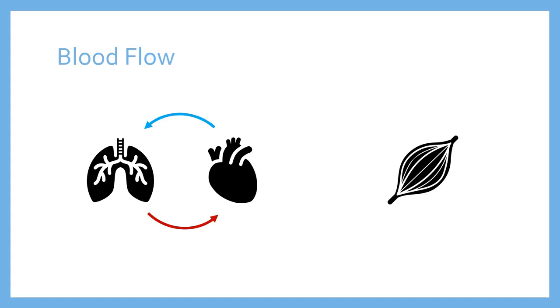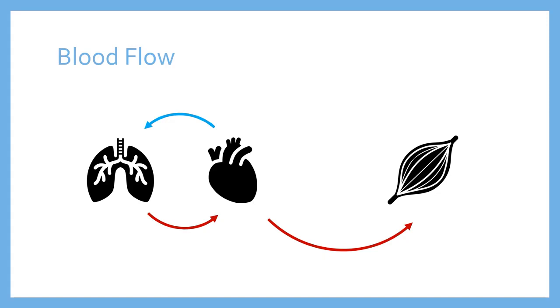So this oxygenated blood has now returned from its little short journey to the lungs. It's returned to the heart, and it's now in the left hand side of the heart, ready to be ejected from the heart to the working muscles. So out it goes to the working muscles. It's still oxygenated. That's why it's come to the heart from the lungs to be sent to the working muscles for cellular respiration, bringing that oxygen along.